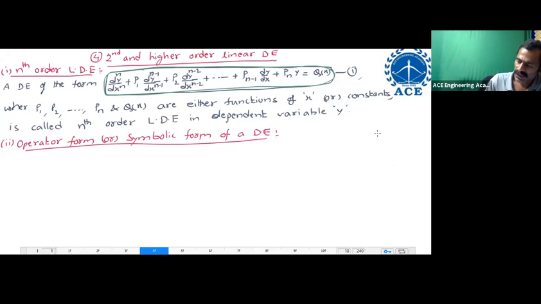Just by using a notation, capital D for d by dx, we write this equation in simplest form. Such a form is called operator form.